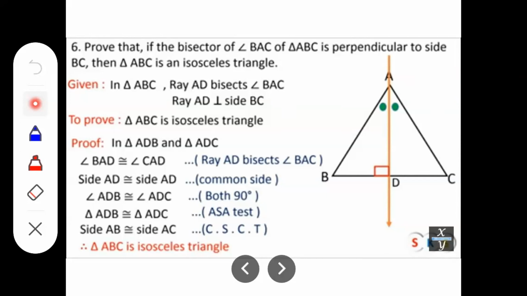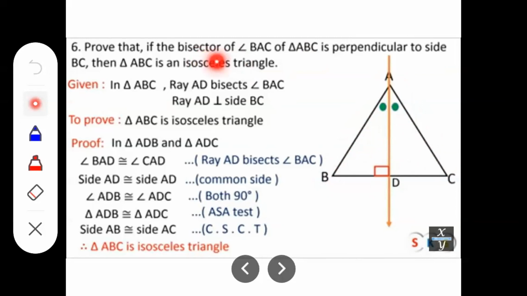So what they have given: if the bisector of angle BAC of triangle ABC. So triangle ABC, here I have drawn triangle ABC. Now what?